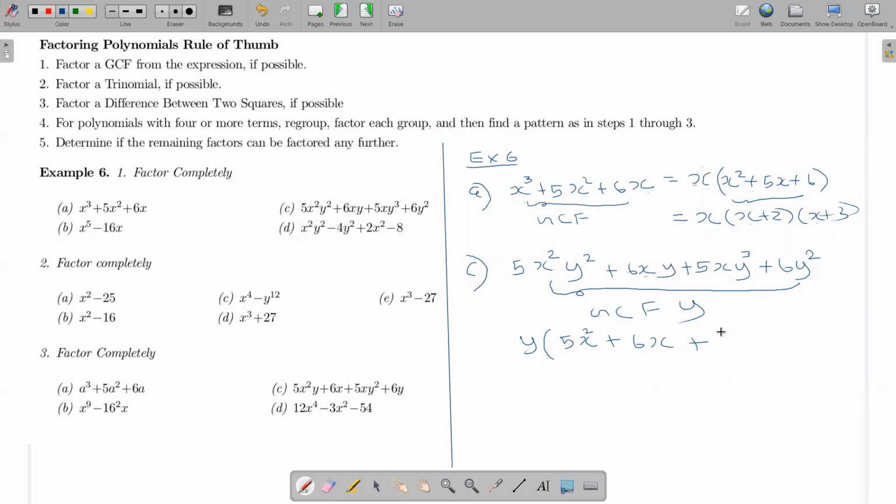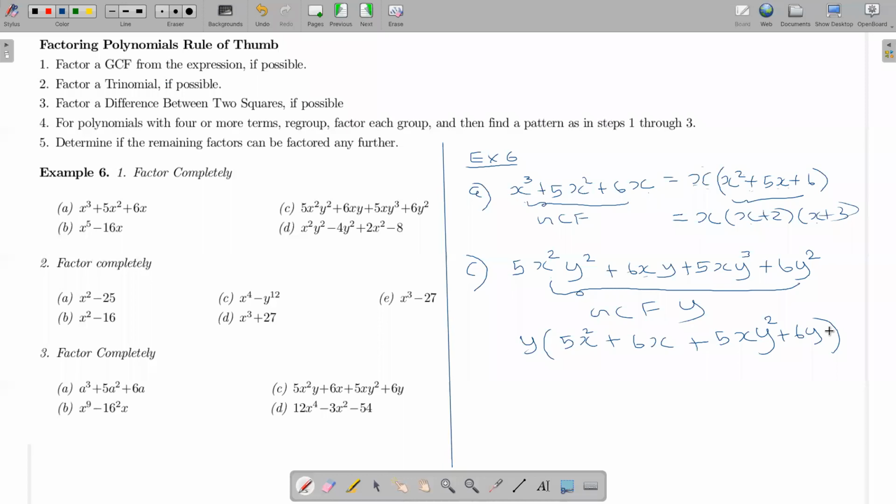Okay, so here I took y out, so 5x y squared plus 6y. Okay, that is taking the y out. Common factor out.